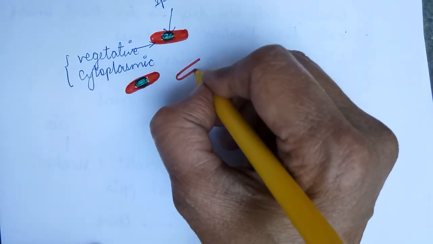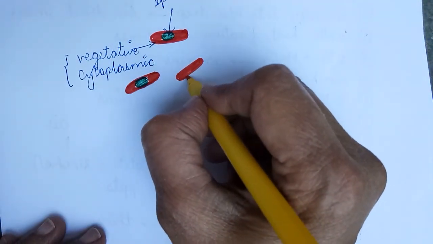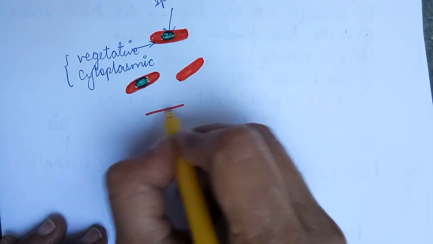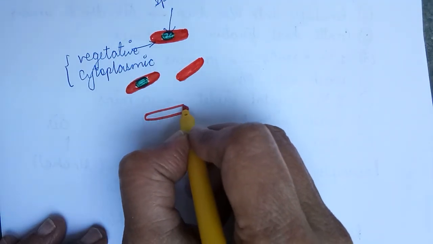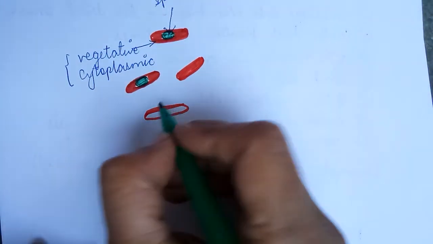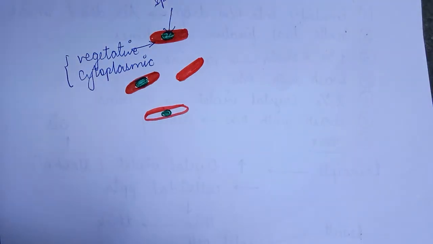If the spore is not there, then the bacteria will look like this. If the spore is there and it is very small in size or quite young, then it will appear like this.